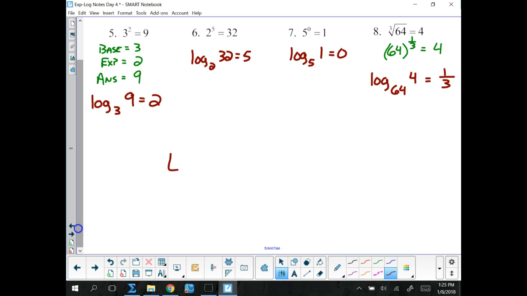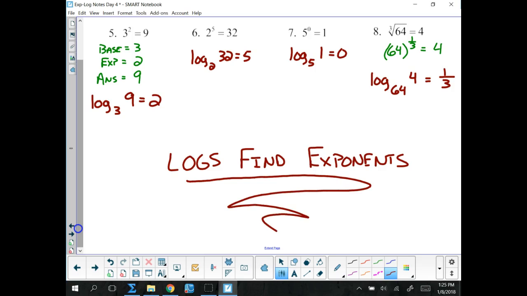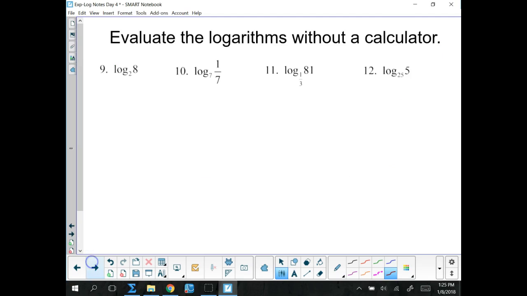Yep. Logs find exponents. That's their whole purpose in math, is to find you exponents. Especially when the variable is in the exponent. When you have an exponential equation, we need to find that exponent. Logs is how we go about doing it.